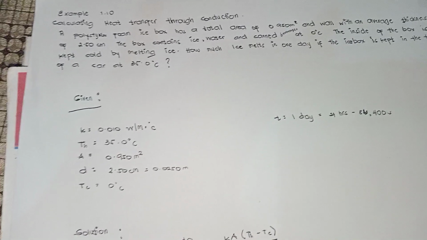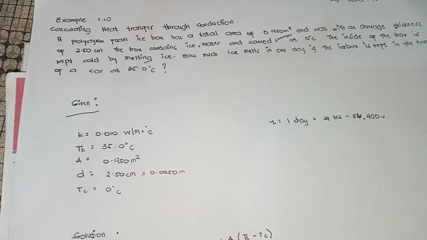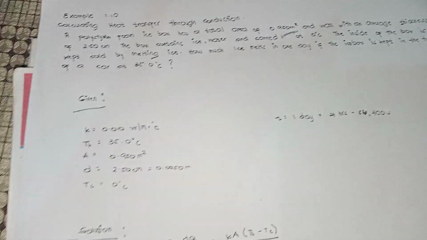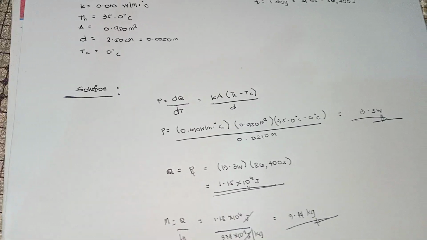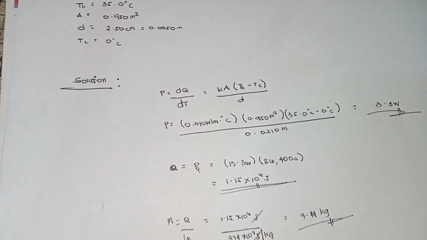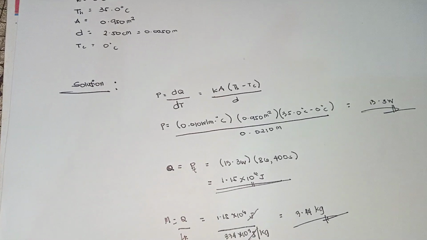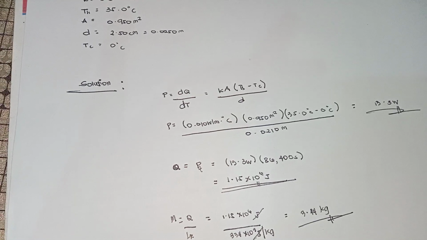So, 1 day is equivalent to 24 hours and 86,400 seconds. So, by solving, the solution, P, which is dQ over dt, which equals K A (TH minus TC) over d.